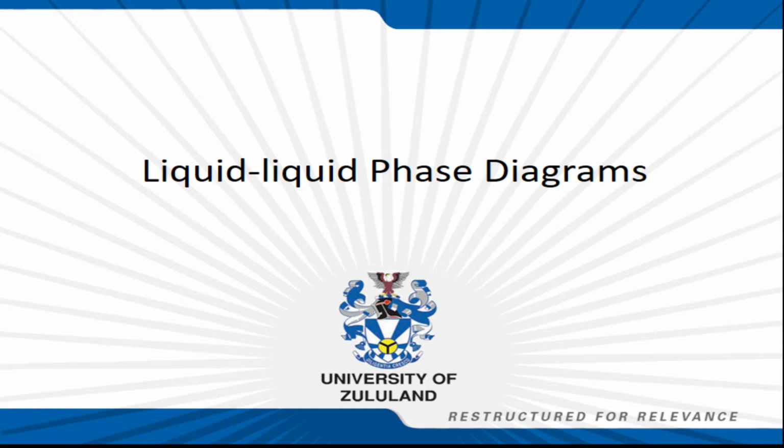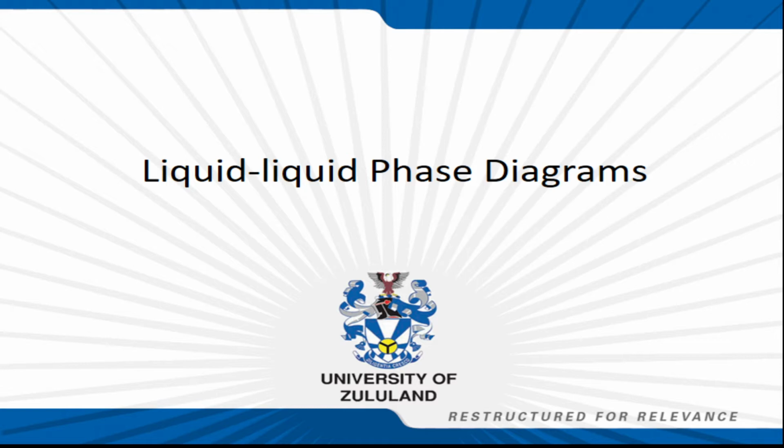During the past two or three lessons, we've been talking about the two-component system. When we have a two-component system, it means that we have two components. During the last class, we talked about a phase diagram whereby we have the vapor and we also have the liquid.